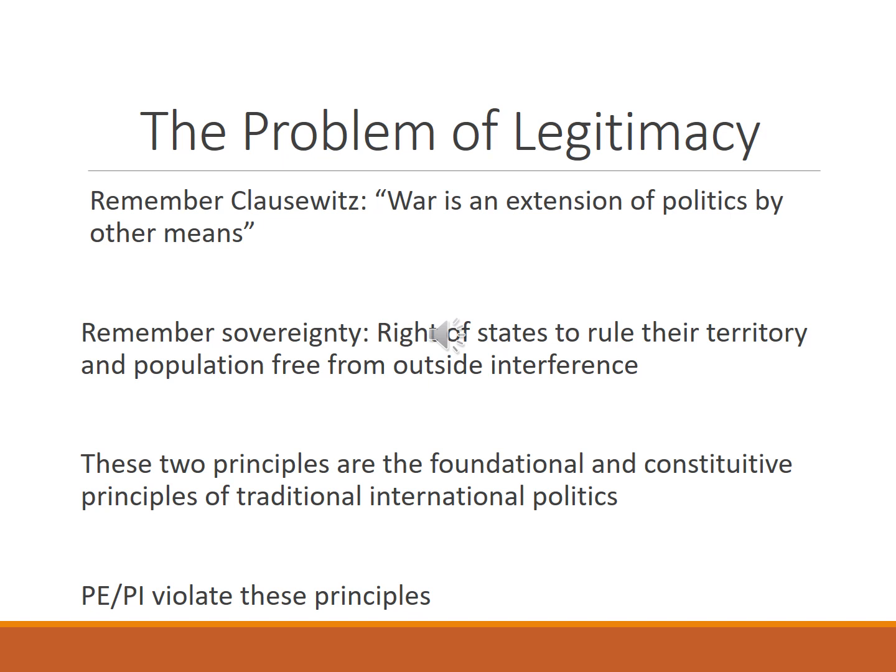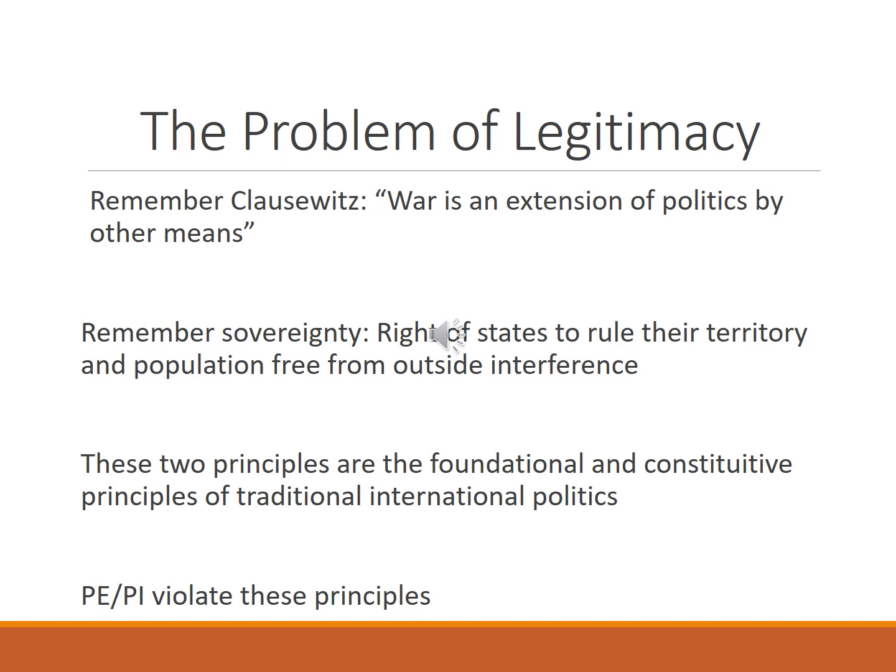Also, from the other side, remember that sovereignty matters, and that a state or an IGO from the outside violating state sovereignty may remove or damage the legitimacy of that peace enforcement operation.